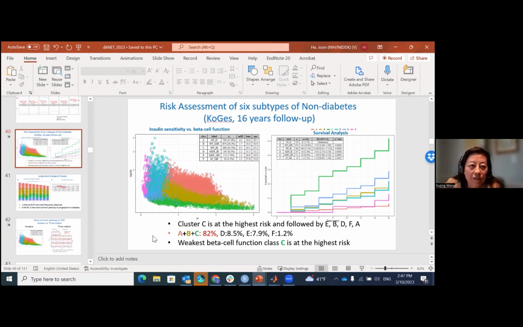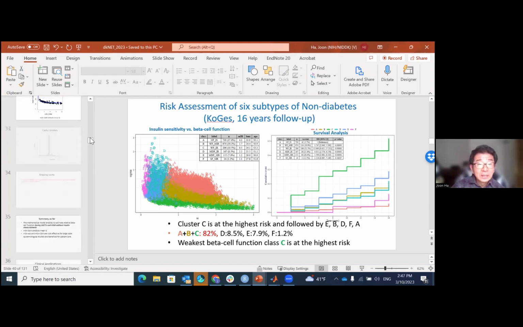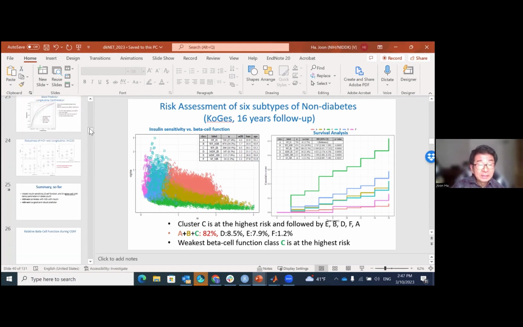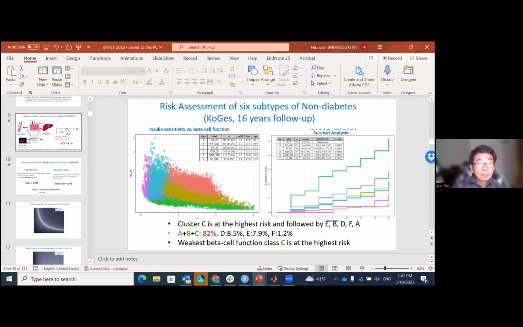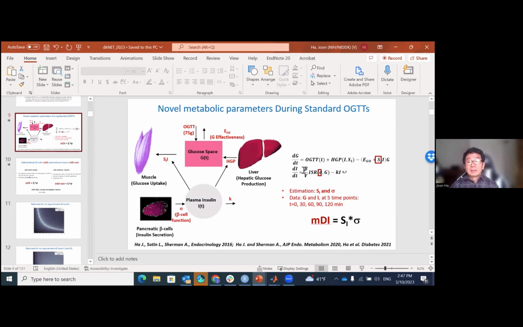Can your model tell the 2 scenarios apart, or any indices? That's a really excellent question. The short answer is that the current algorithm for estimating beta cell function and insulin sensitivity cannot capture beta cell mass and beta cell function separately. Actually, you can see in the mathematical model, see this one, here beta and sigma are a product.